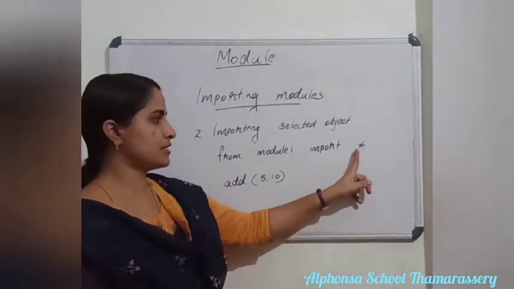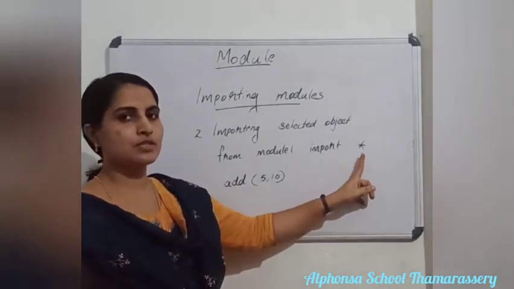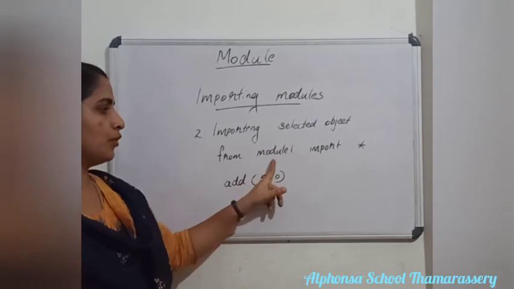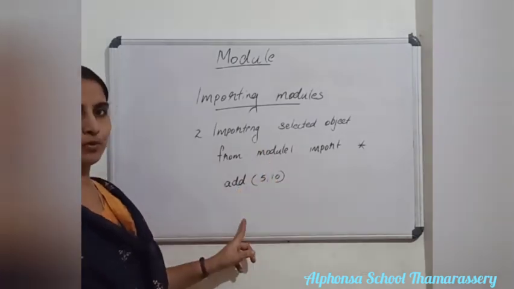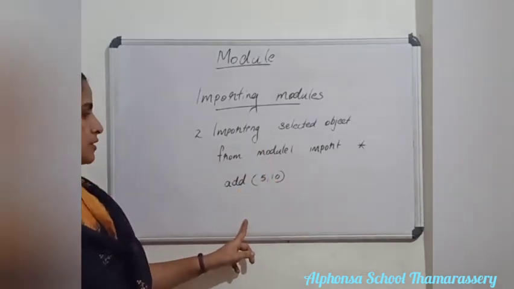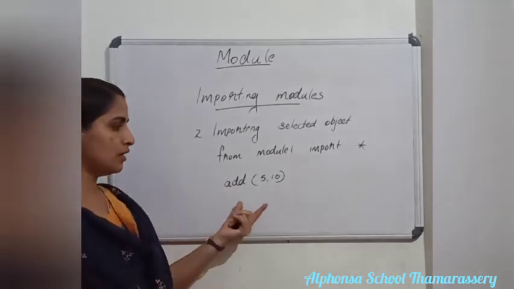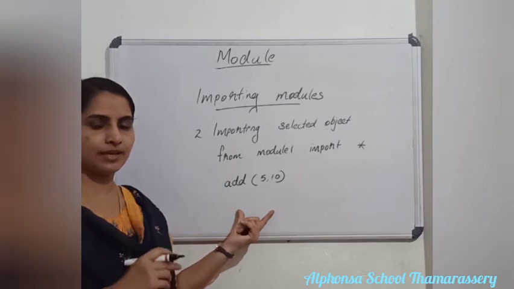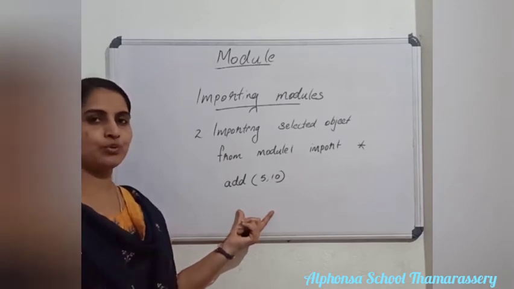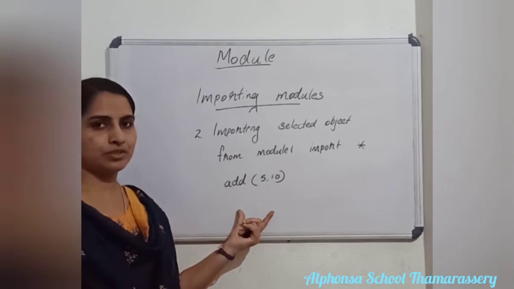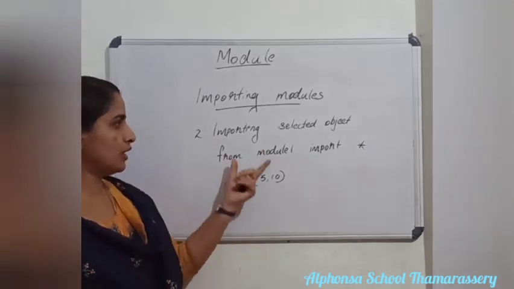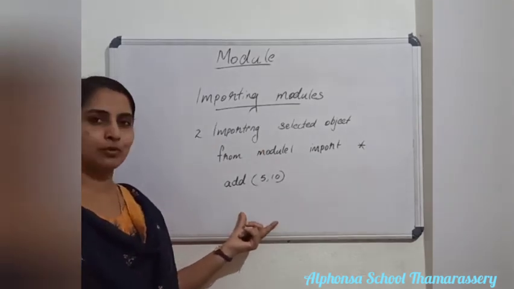If I specify star here, I can use all the elements of module 1 in this program. Here too, I need not specify the dot notation. Directly I can use the function name. There is a reason behind it that I am going to explain in the next section, namespace allocation. Before that, we can experiment with this program too.